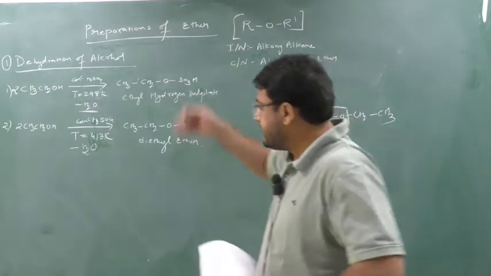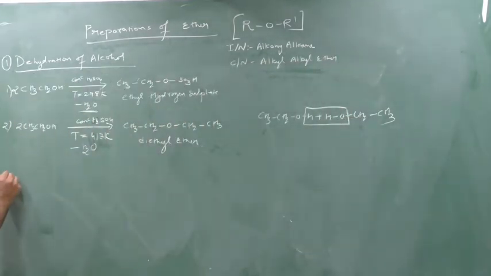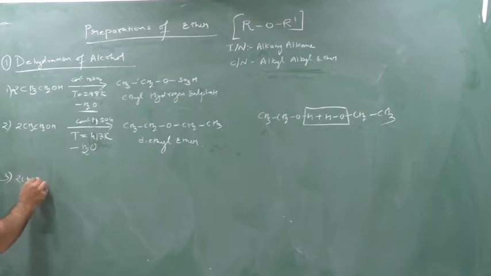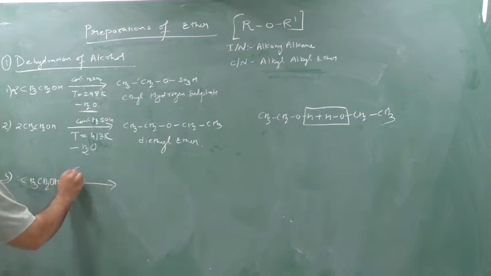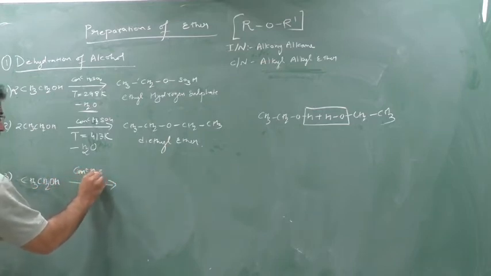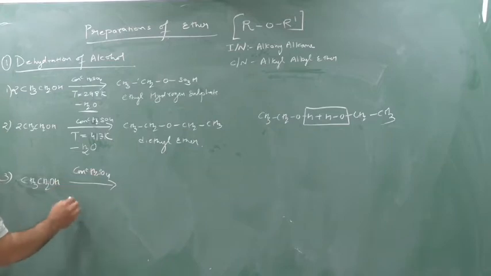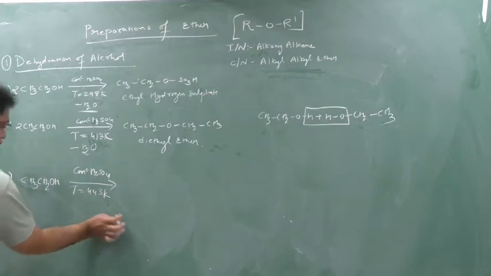Now see, if I increase the temperature a bit more, I will take here CH3CH2OH, with concentrated sulfuric acid only. Now instead of temperature 413, I will take temperature 443 Kelvin. So what will happen?